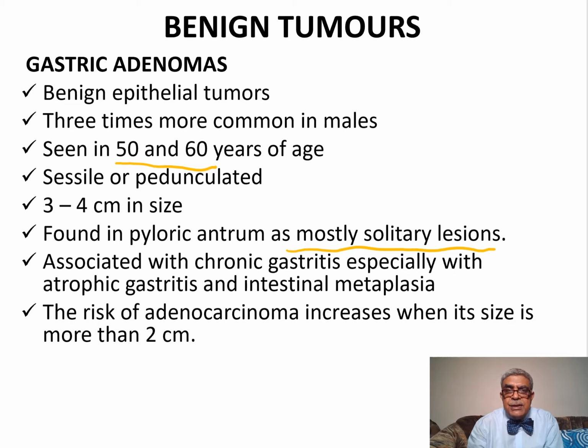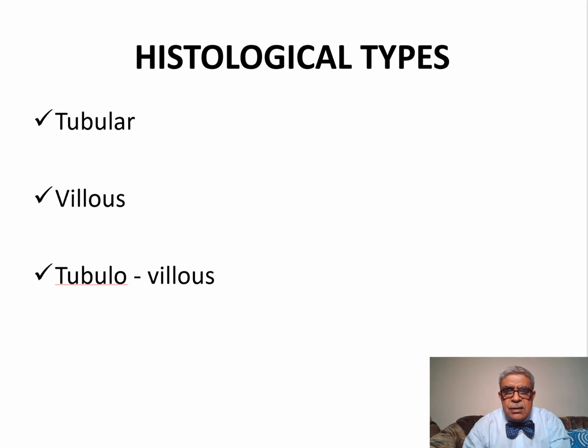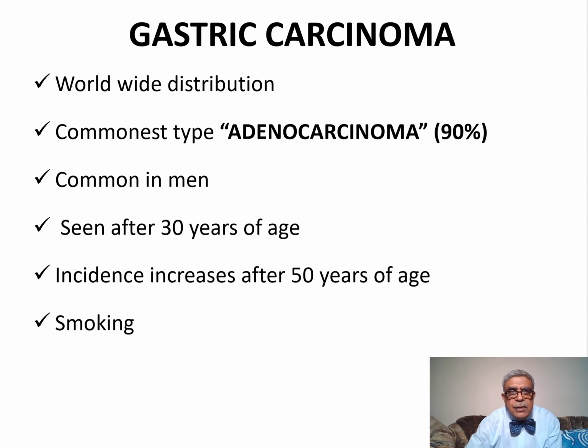High grade dysplasia is marked by severe cytological atypia, and there are architectural abnormalities which include glandular budding and gland within gland or cribriform structures. Now we are discussing gastric adenomas and their histological types, that is tubular, villous or tubovillous. Okay, we were discussing benign tumors and gastric adenomas.